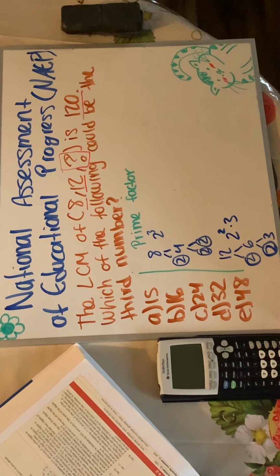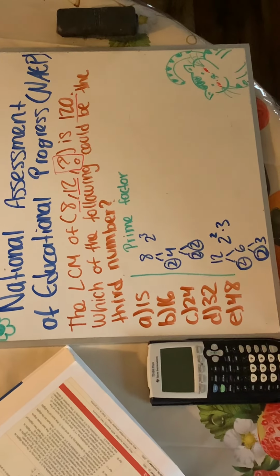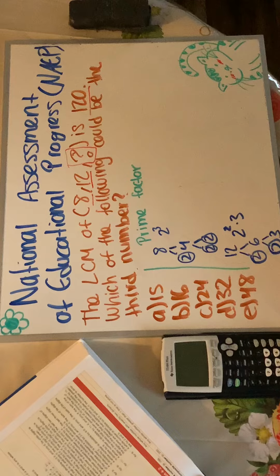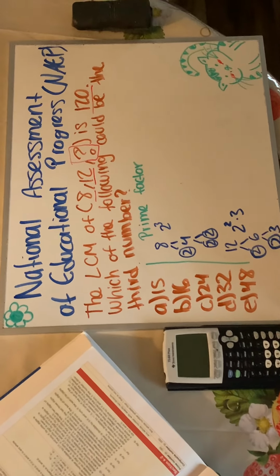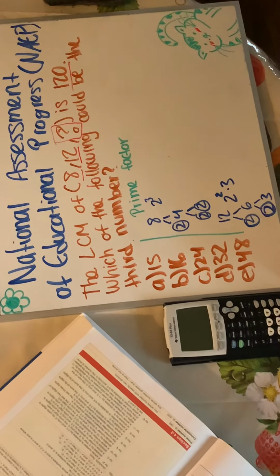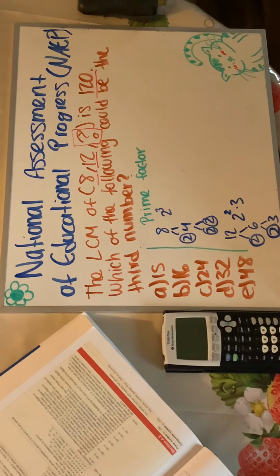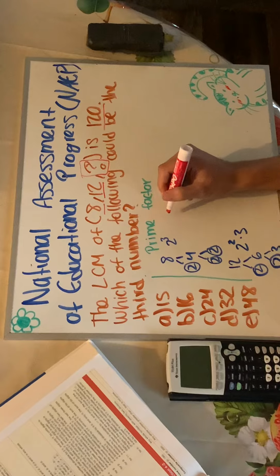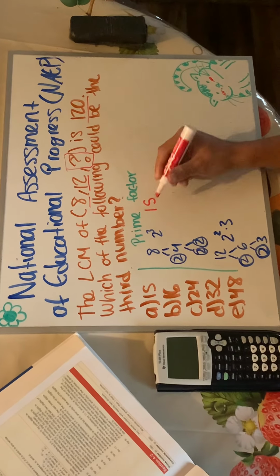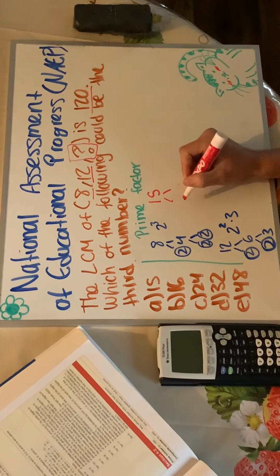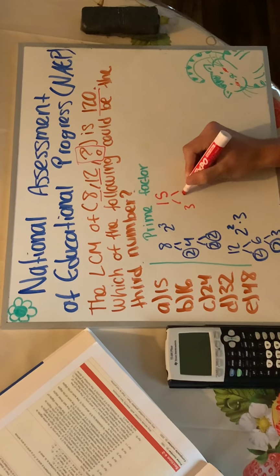Now we're going to prime factor each of our options, and let's try number 15. Okay, we'll do this in red. So 15 is 3 and 5.